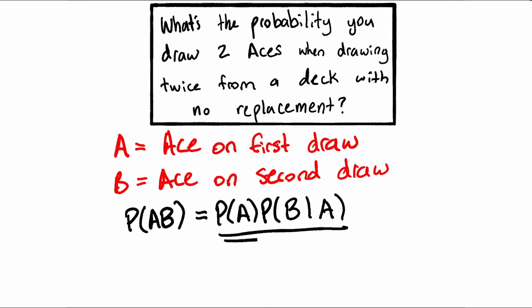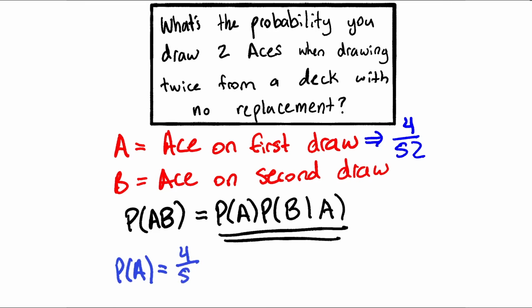So how can we find this term right here? Well, what's the probability of drawing an ace on the first draw? There are 4 possible aces and there's 52 possible options, so that gives us 4 out of 52. The probability of A equals 4 out of 52. Now what's the probability of B given A? So what's the probability we draw a second ace given that we already drew the first ace?